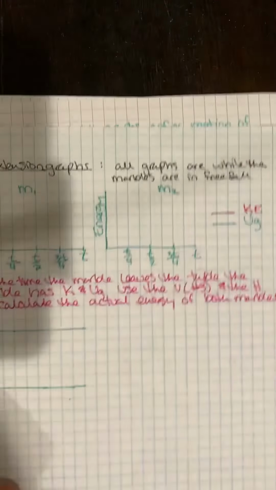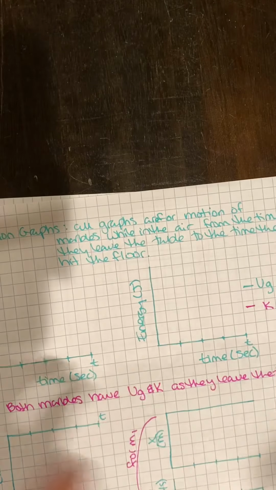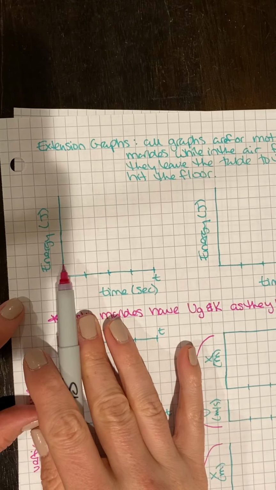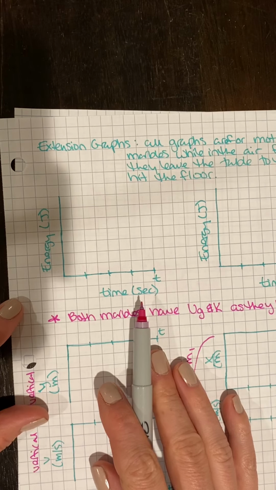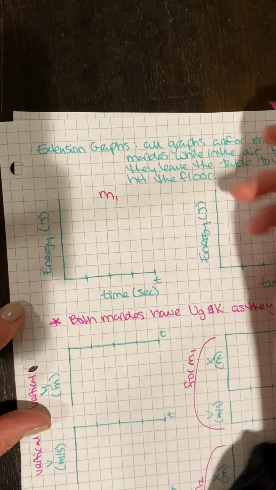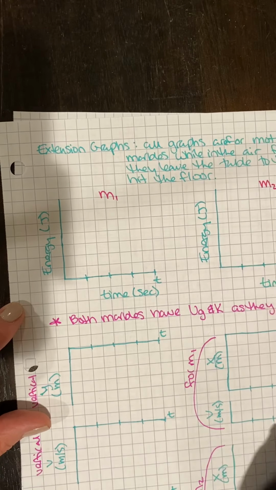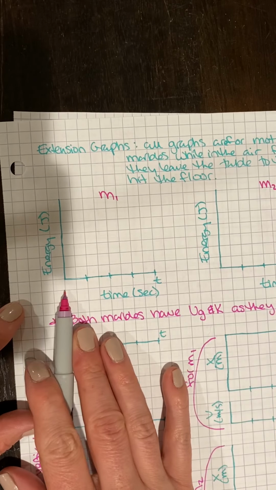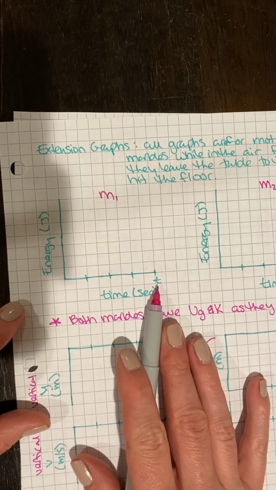All right. Then for our extension, we're going to make some graphs. These graphs are going to be energy as it relates to time for both M1 and for M2. So I put our time in terms of t, from the time that it left the table until the time that it hit the ground.